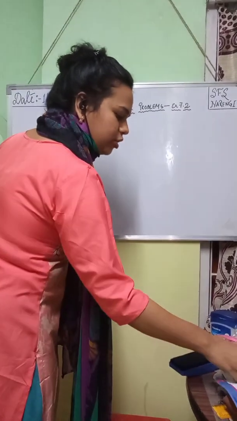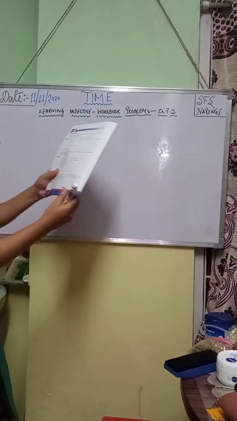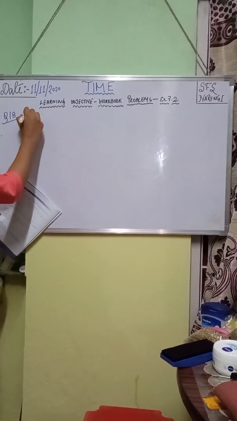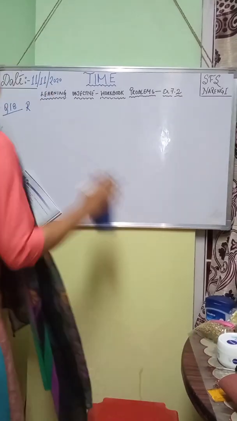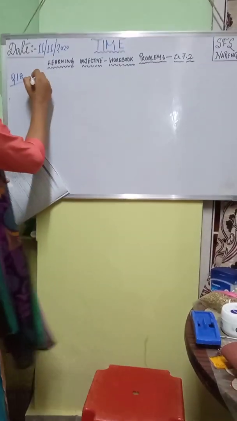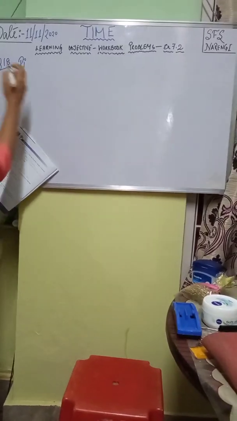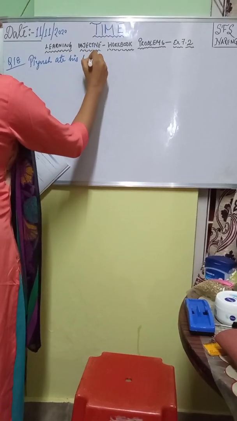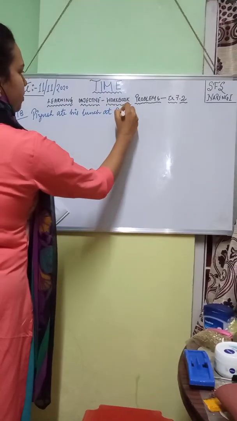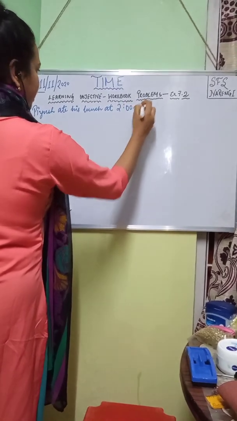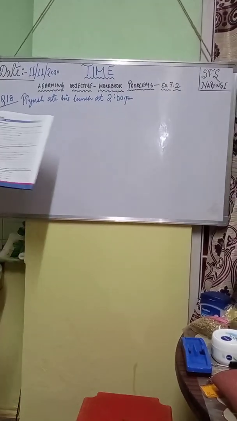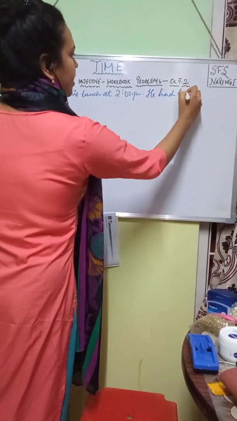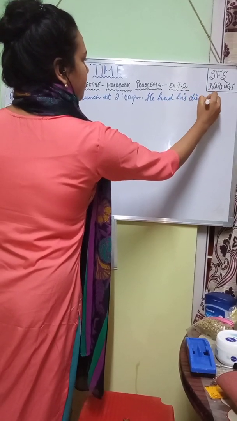In question number 18, what do we have? We have that Piyush ate his lunch at 2 p.m. He had his dinner after a gap of 6 hours.